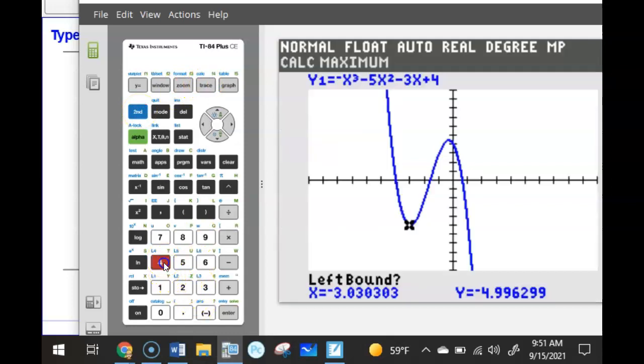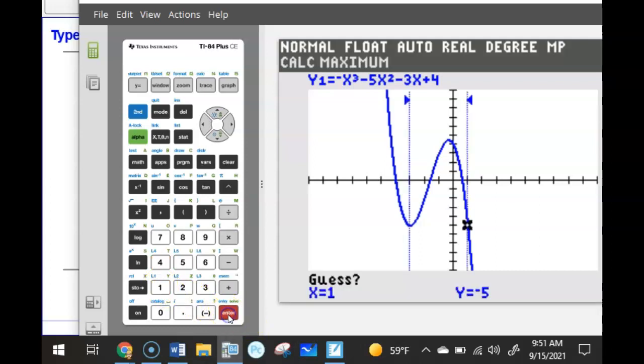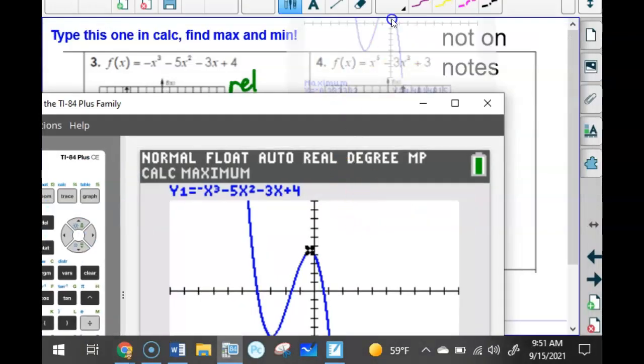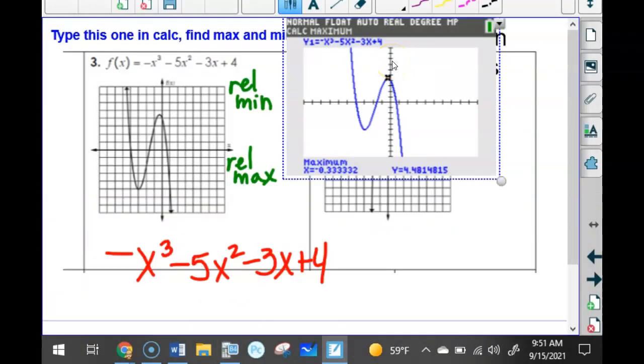The maximum is somewhere between, I'll just start there and 1, maybe. -0.3 and 4.48. I'm not going to remember that one. Okay, so the first one was at -3, I should be writing that in the right spot.